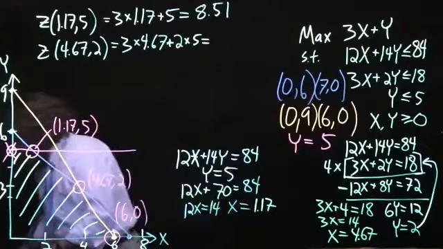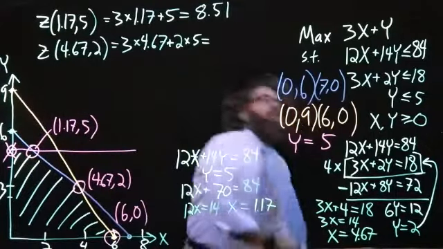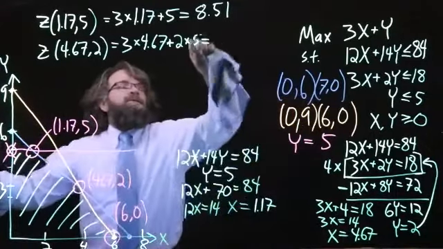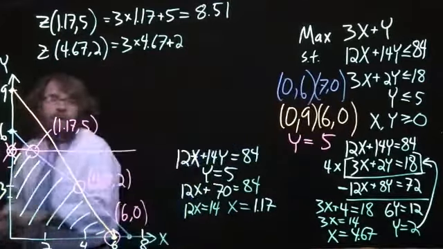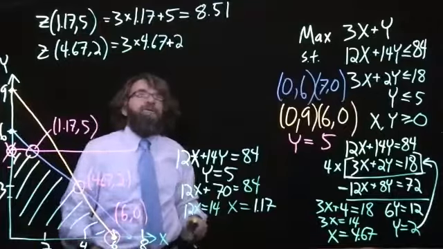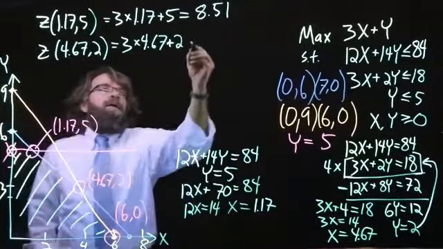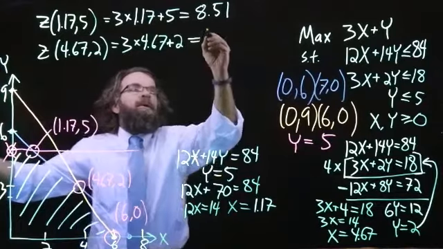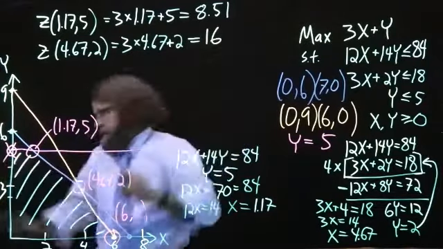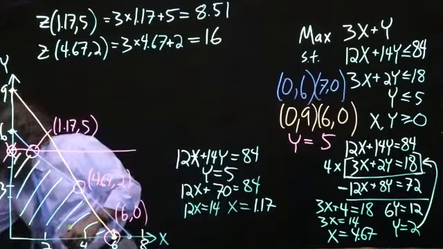Oh, I'm sorry, I don't know where I got that 5 from. I was getting ahead of myself. Y is just 2. So we have 14 plus 2. We get 16 as our objective function there.